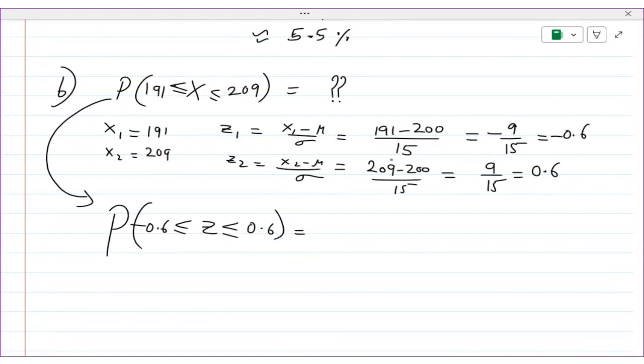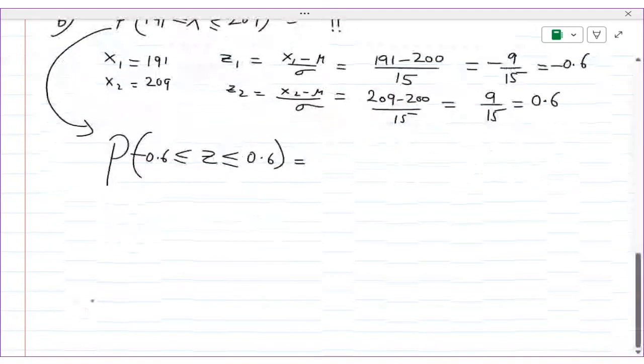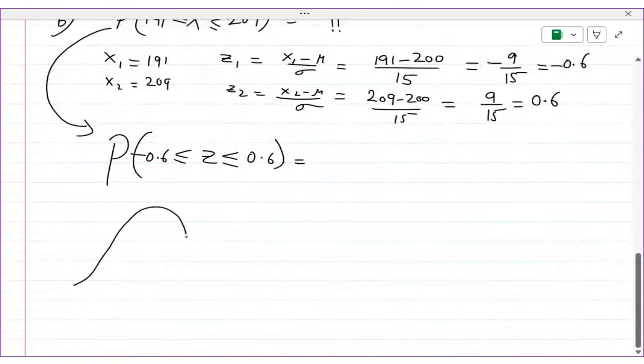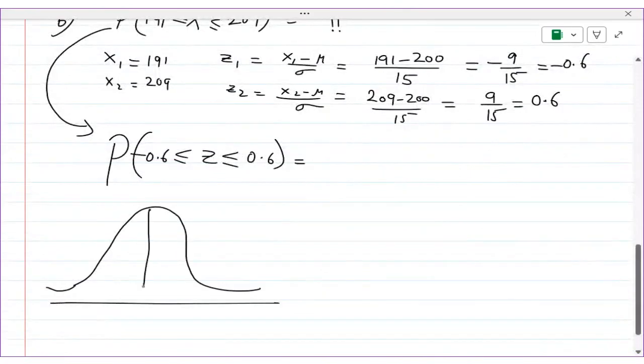In the exam, either the full table will be given to us, or most likely we will be given 0 to 0.6. If you draw the diagram, that will be better for understanding. So I am drawing a rough diagram. This is 0, the center, and you have to find the area from minus 0.6 to plus 0.6, from here to here.